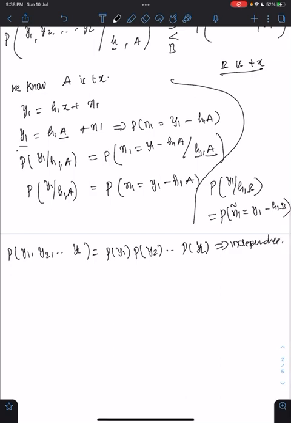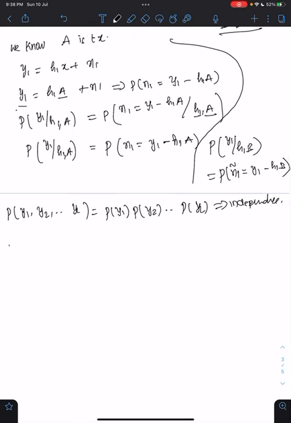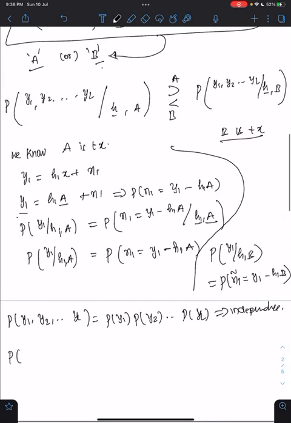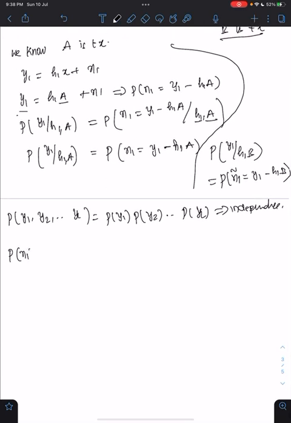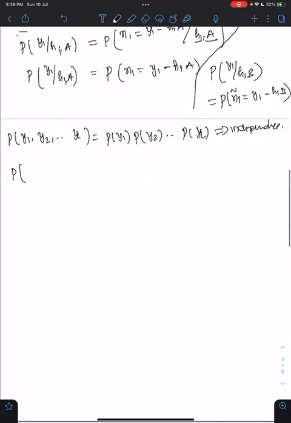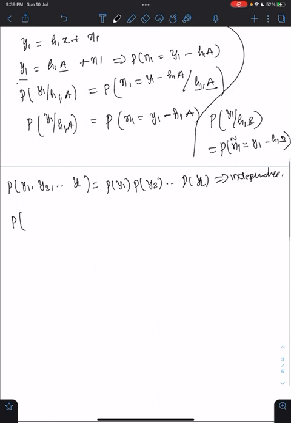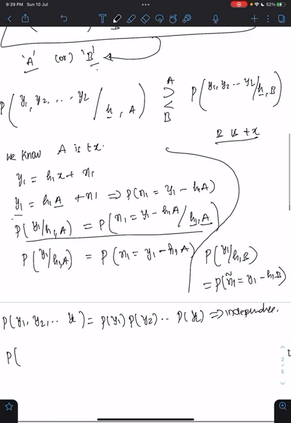All right, we know the fact that now the inequality will be boiled down to the probability of n1 times the probability of n2 and so on. Maybe I'll write one step ahead. Replacing y1 with this, essentially this probability.